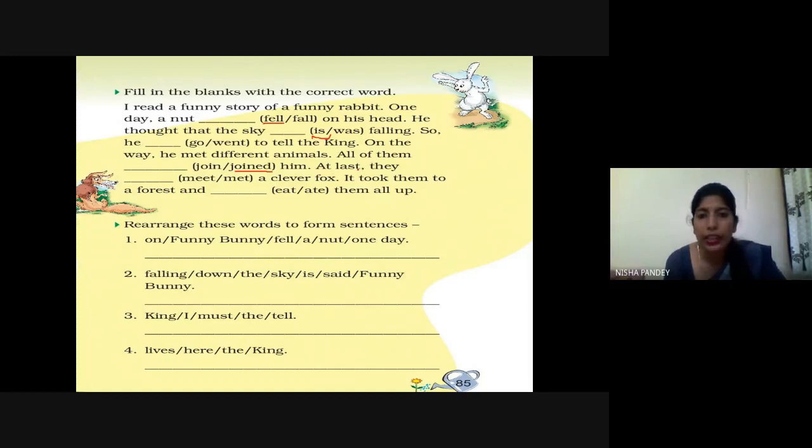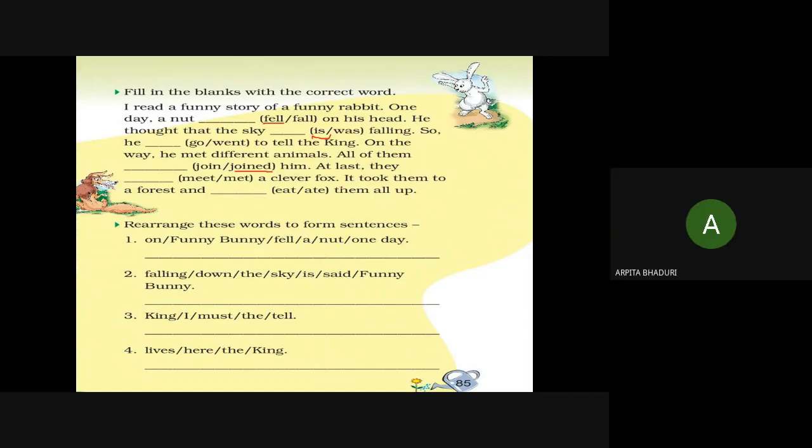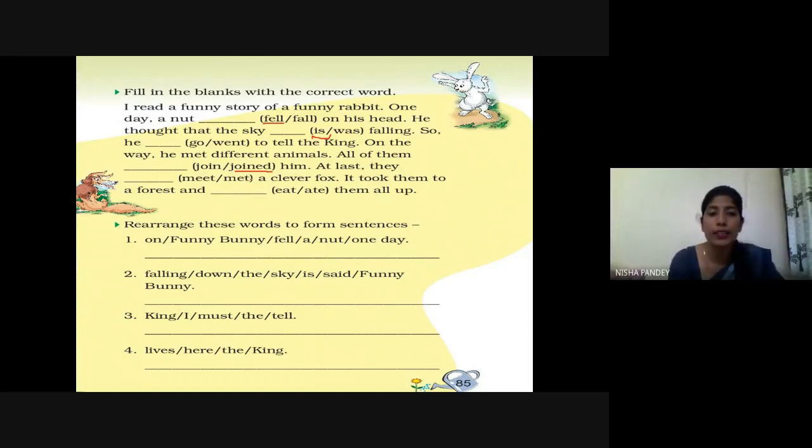And at last, they meet or met a clever fox. Met. They met, yes. कहानी में हो चुका है ये, इसलिए हम ये कह रहे हैं कि वो उनसे मिले लास्ट में. They met a clever fox. It took them to a forest and ate them all up.